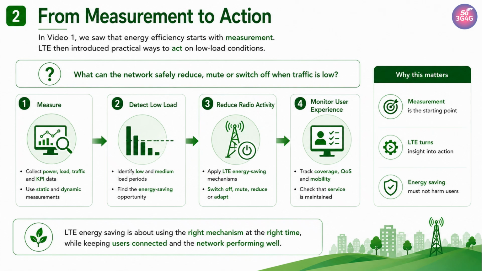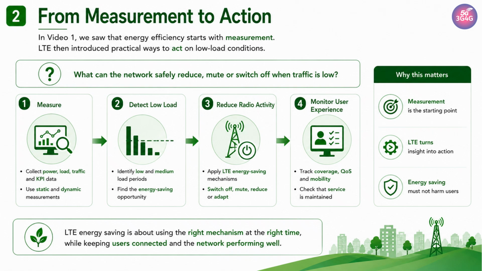So the process is something like this. First, measure the network. Collect power, load, traffic, and KPI data. Second, detect low load periods. Identify where and when traffic is low enough to create an energy saving opportunity. Third, reduce radio activity. This could mean switching off a carrier, reducing common channel power, deactivating secondary antennas, using DTX, or switching off a small cell.